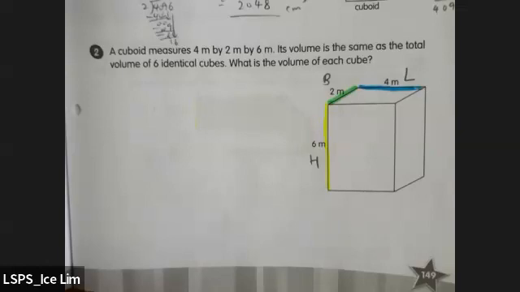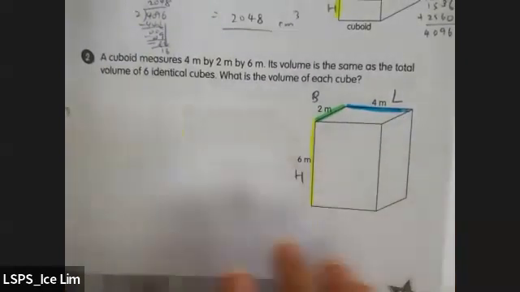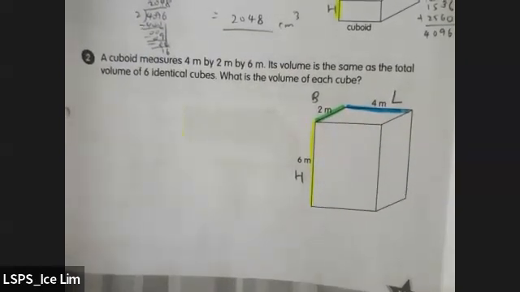Okay, let's go. Let's show this video yourself. You will take it to ask the next question too. Please read the question. A cuboid measures 4 meters by 2 meters by 6 meters.